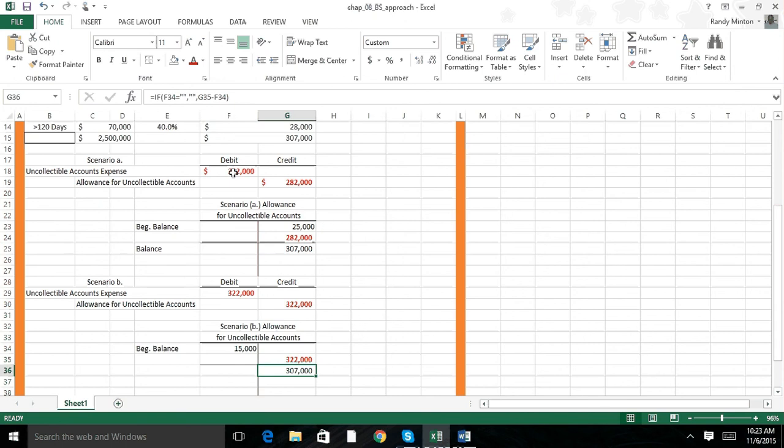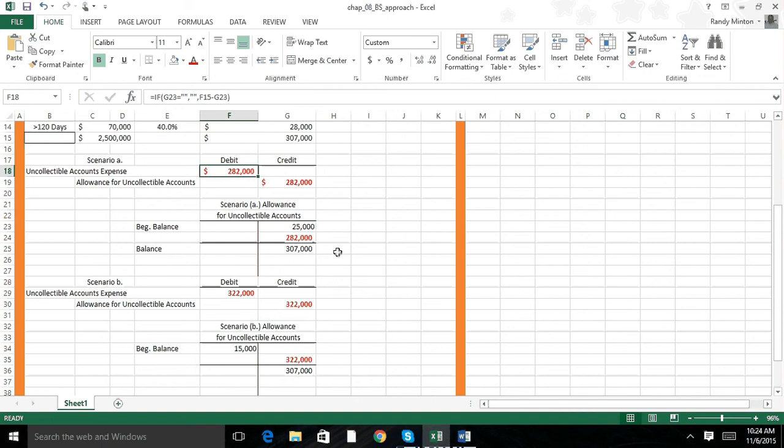Look at the first entry. If we had a $25,000 credit, what we now have is an entry required of $282,000, which is what's needed to move this $25,000 credit to this $307,000 credit. That's $282,000. Add the two together because we add likes and subtract unlikes to get to this number right here.